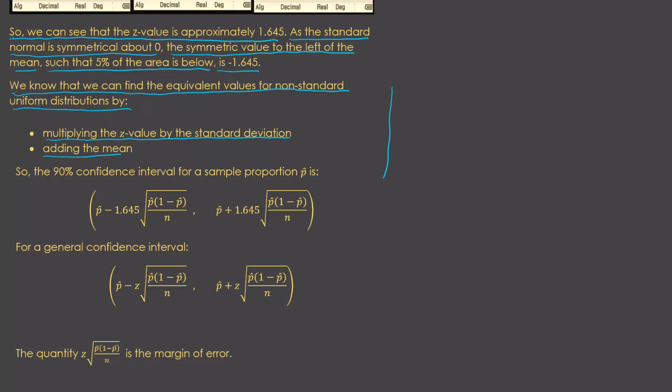The basic idea here is that if this is the standard normal with a mean at 0, and over here we had some other normal with the same sort of bell shape, but you'll notice it's more spread out, with less of a peak, that means it has a bigger standard deviation.